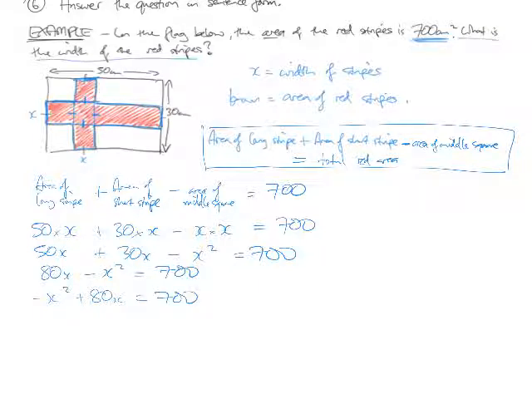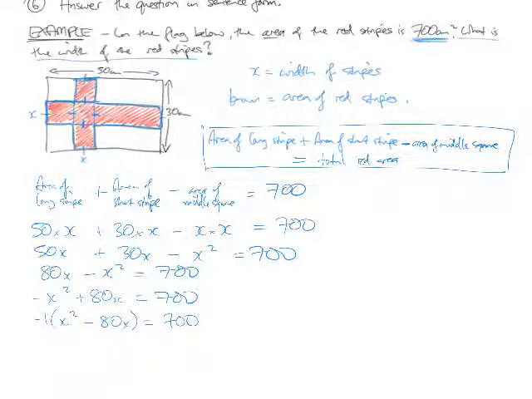I don't like dealing with negative numbers here, so let's remove that negative 1. Oh, it's not going to be plus 80x anymore, because I've removed the negative 1, it's going to be negative 80x is equal to 700.